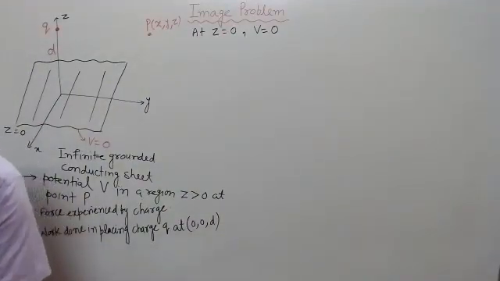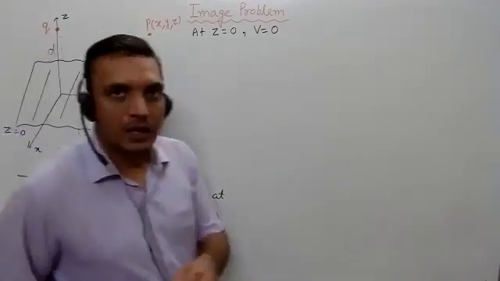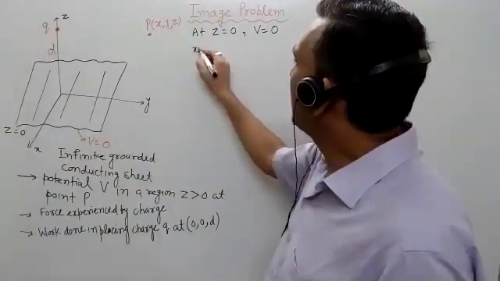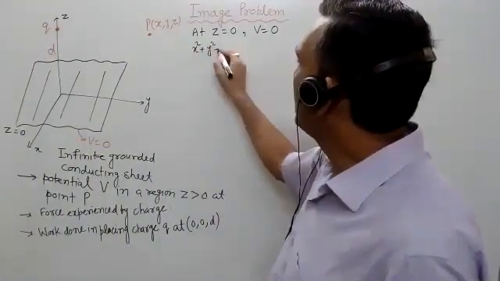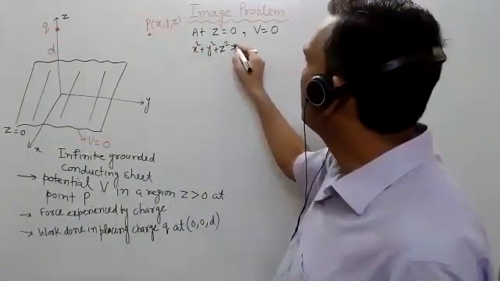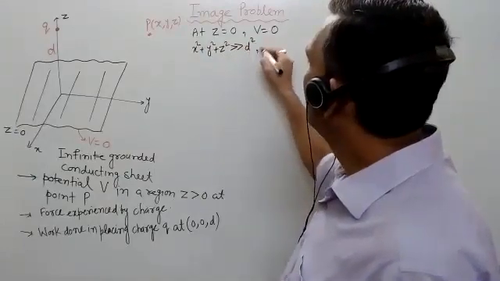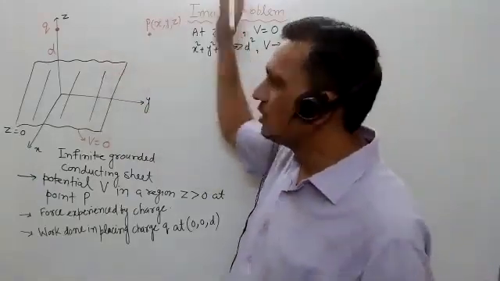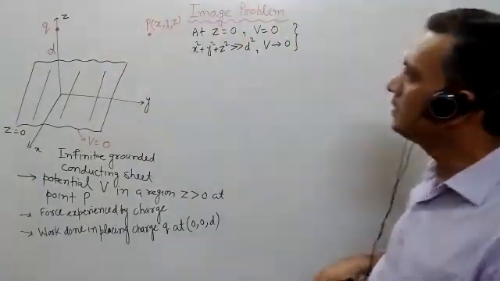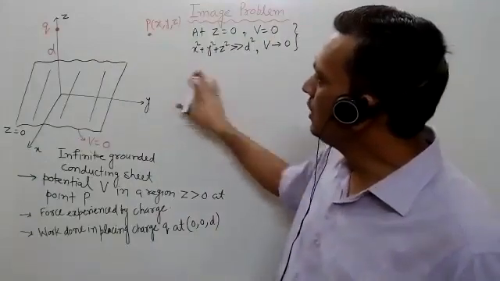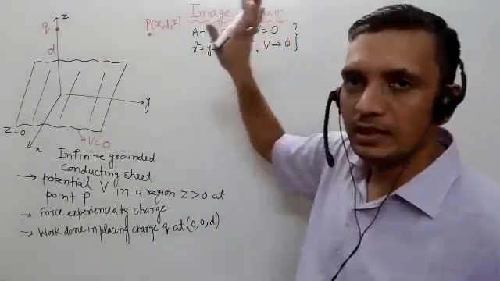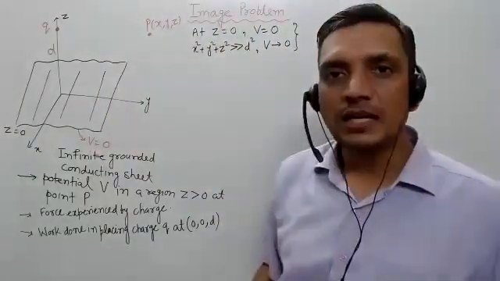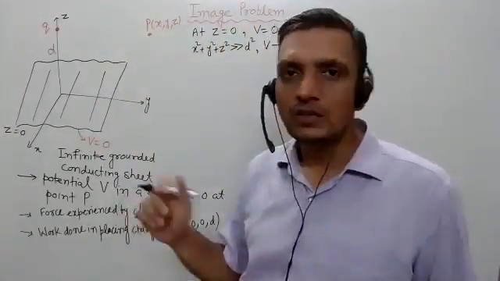We can easily see that in the region where x square plus y square plus z square is far, far greater than d square, V tends to 0. So we can use these two conditions on potential: in the xy plane potential will be 0, and far away from the charge distribution potential tends to 0.